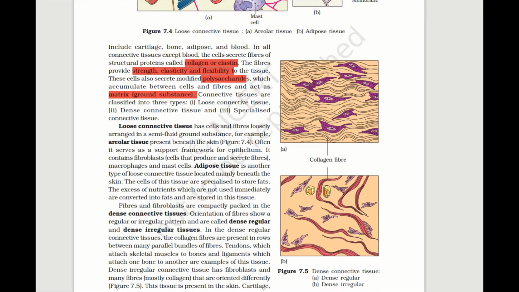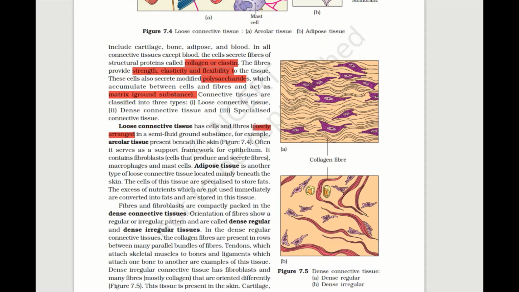Connective tissues are of three types: loose connective tissue, dense connective tissue and specialized connective tissue. The loose connective tissue has cells and fibers which are loosely arranged.